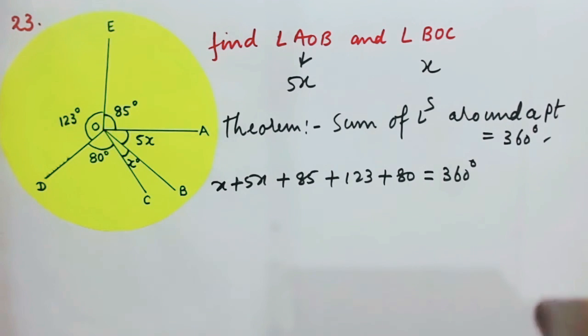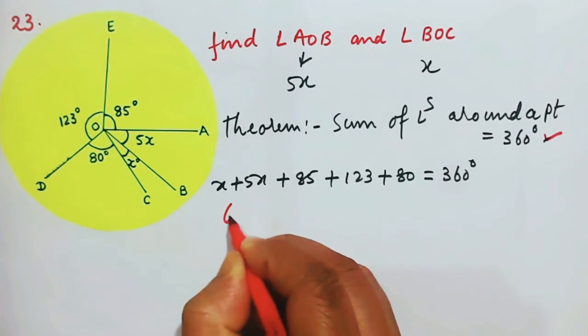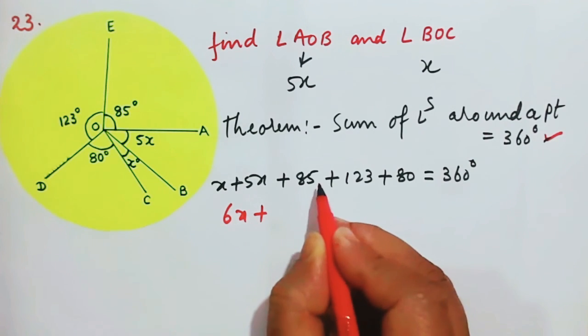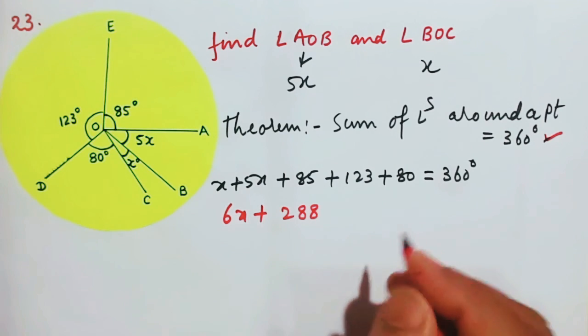If you do not mention this, naturally you know the consequences. I will not say, otherwise you will say that sir is threatening me. I am not threatening. You know the consequences. x plus 5x is equal to 6x. Let me add all these three and I'll get 288.